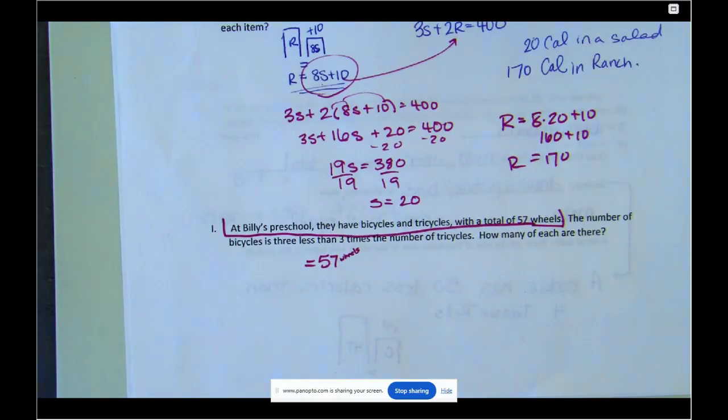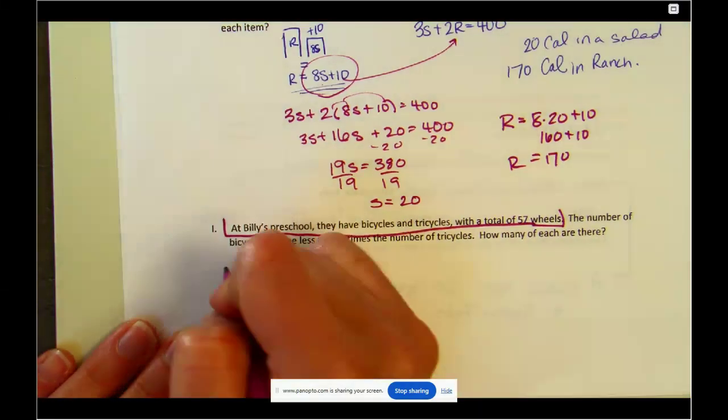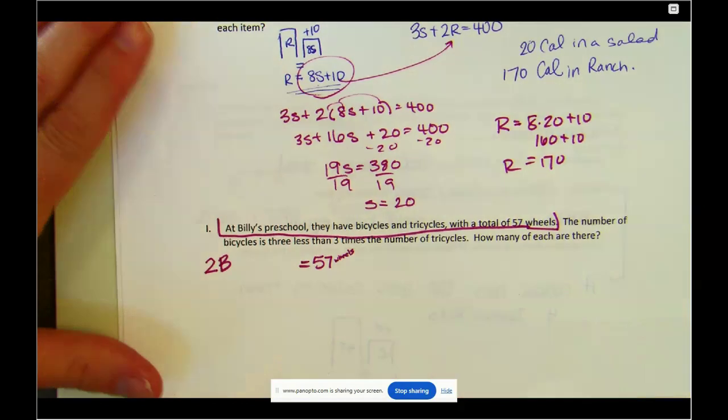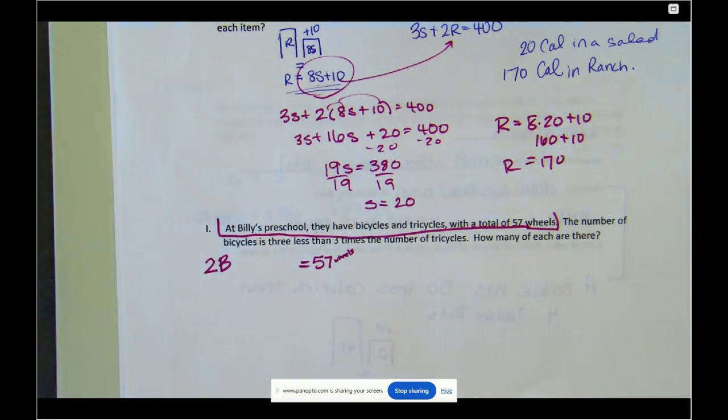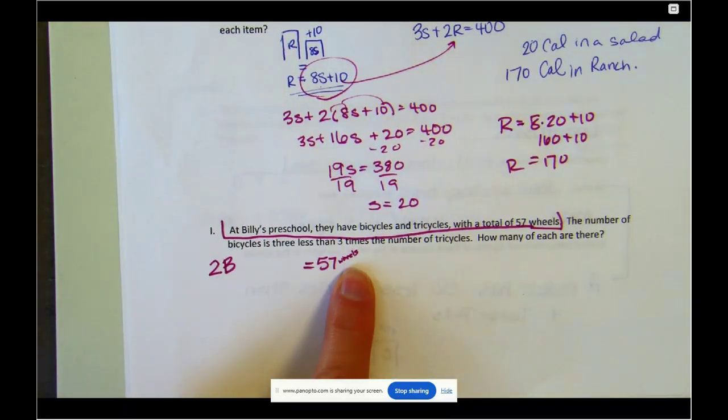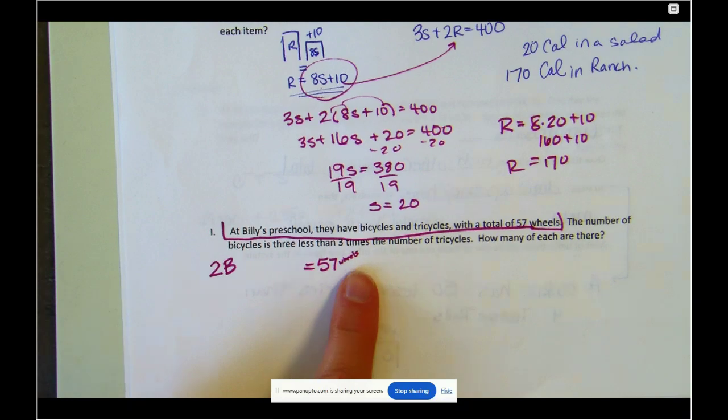If we're using bicycles and tricycles, what number has to go with B? 2, because there are 2 wheels on a bicycle, not 4. That would be a car. Okay, so 2B, because this is the one where the total has to match.